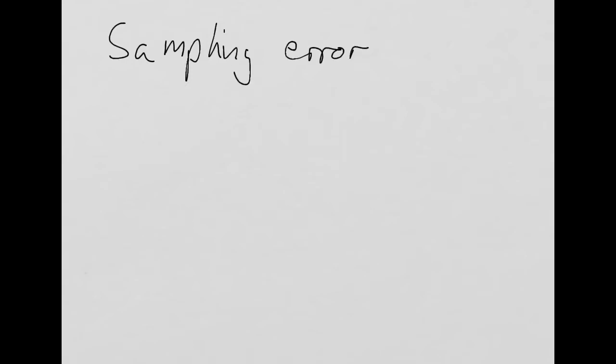Correct me if I'm wrong, but we discussed the concept of sampling error. So, sampling error. And I told you, whenever we take samples, and these samples are then used to make a prediction about a population, we always have this sampling error in it.